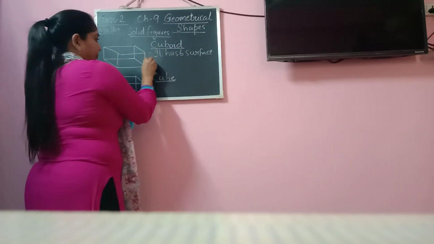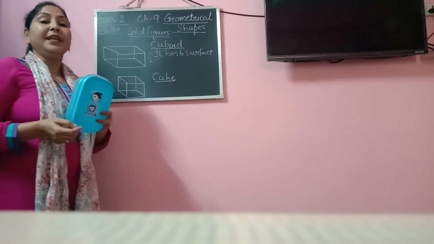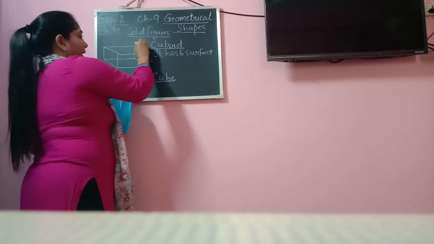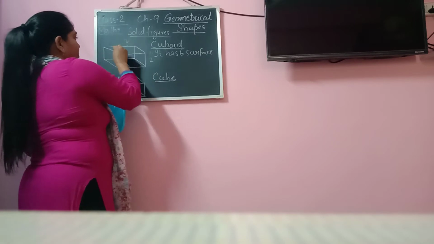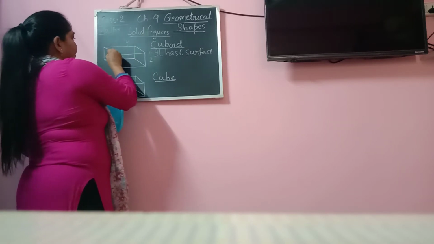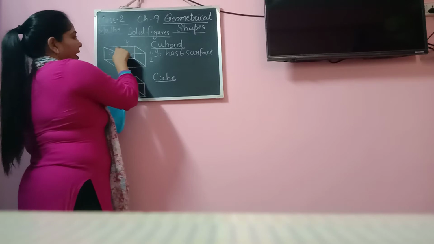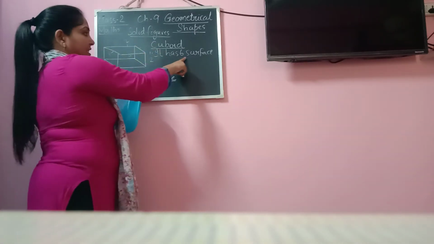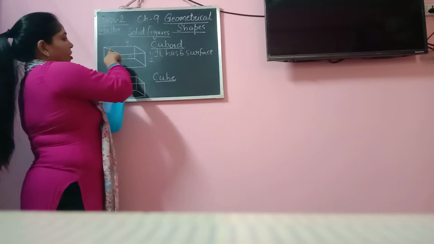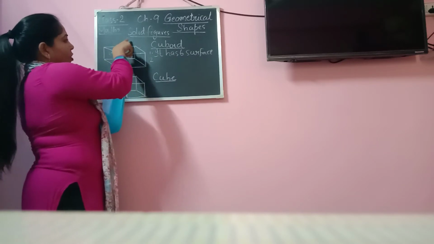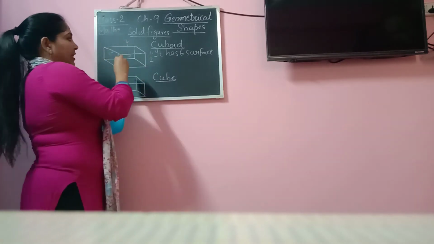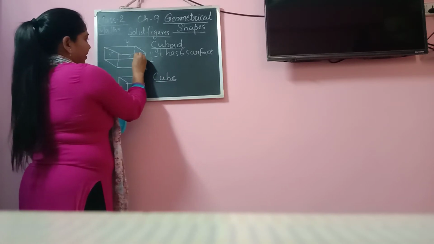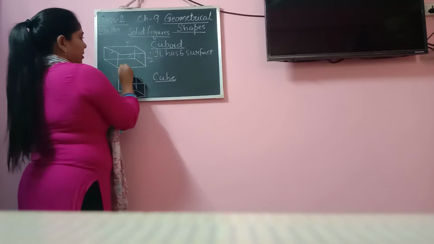Then the second thing, how many sides does it have? Let us count the sides. Now this is 1, 2, 3 and 4. On the top we have got 1, 2, 3, 4 sides. Then you can see this one is 5, 6. Alright.